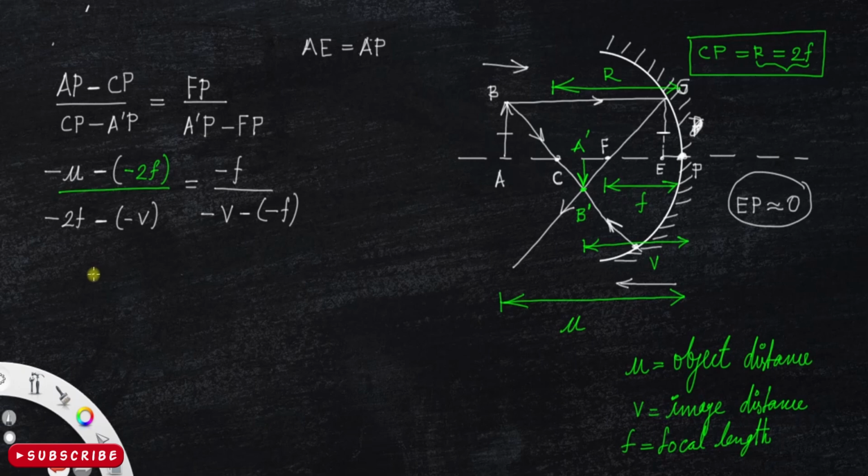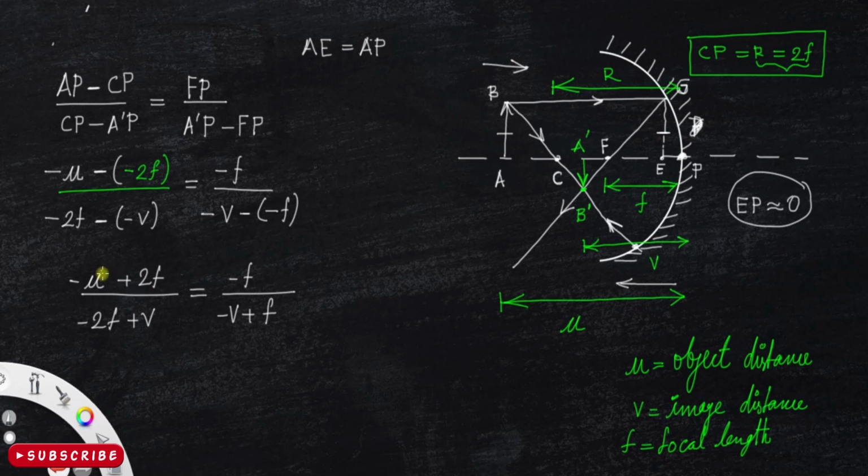Clear? So simplifying this, you will get minus U plus 2F divided by minus 2F plus V is equal to minus F divided by minus V plus F. Okay.